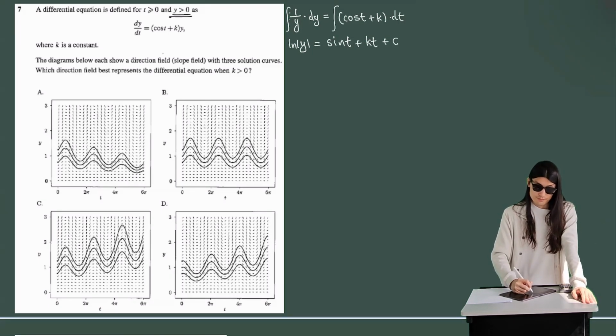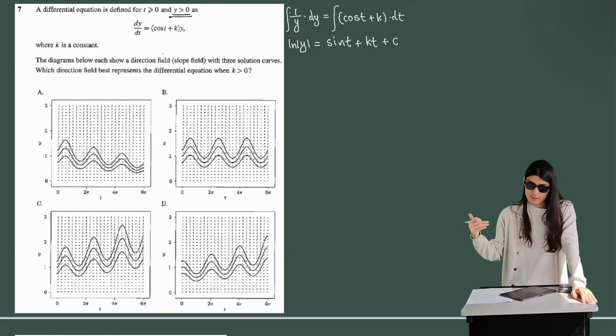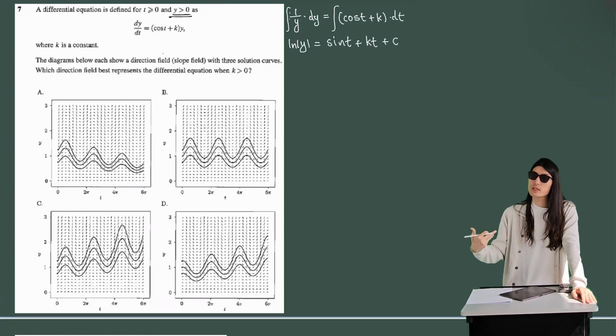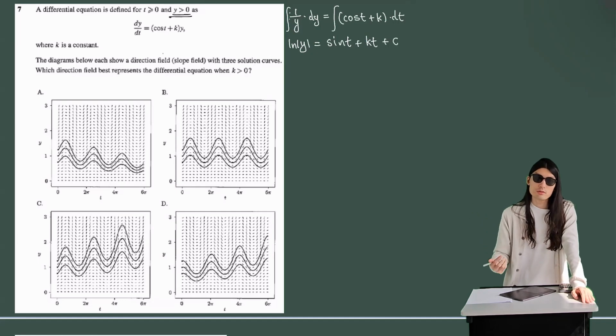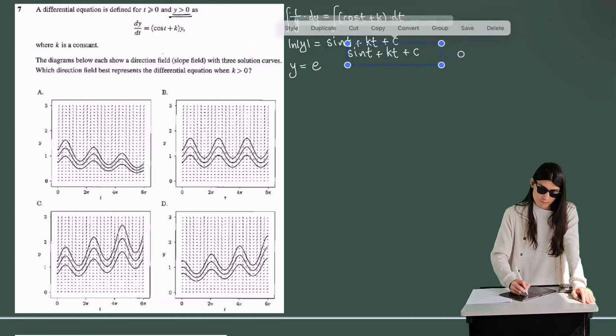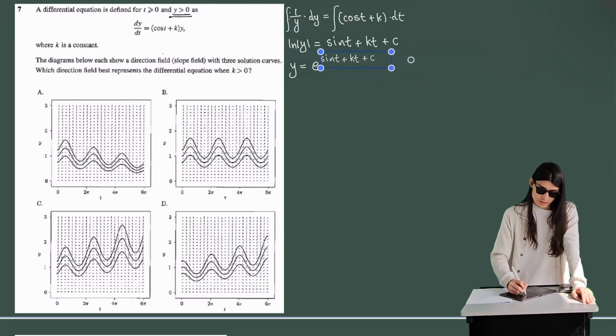So ln y is equal to that right-hand side, okay? And to make y the subject, I will raise both sides to the power of e, and then e to the power of ln cancel, giving you y equal to e to the power of this thing, doesn't it?